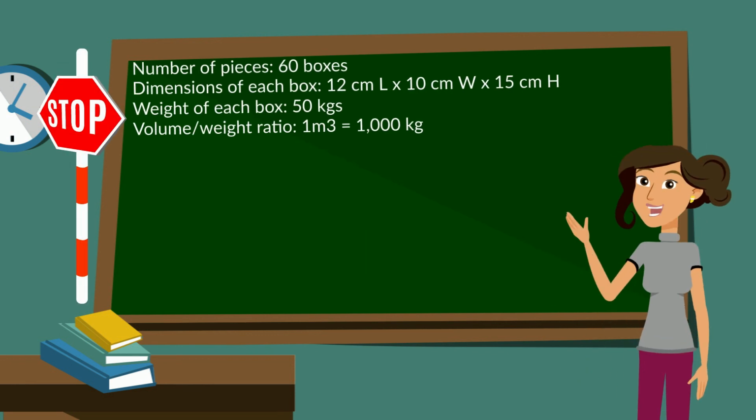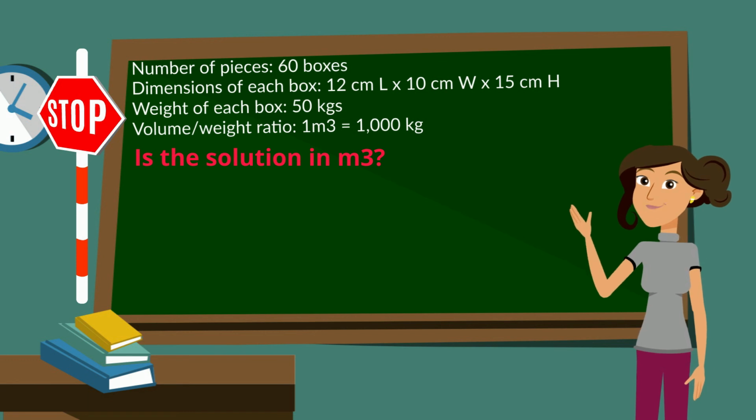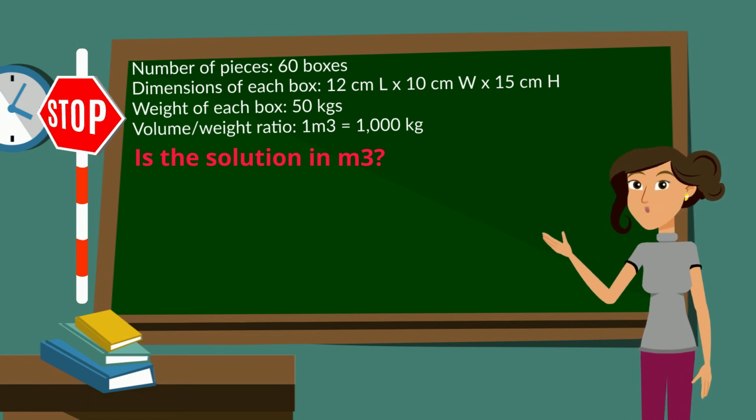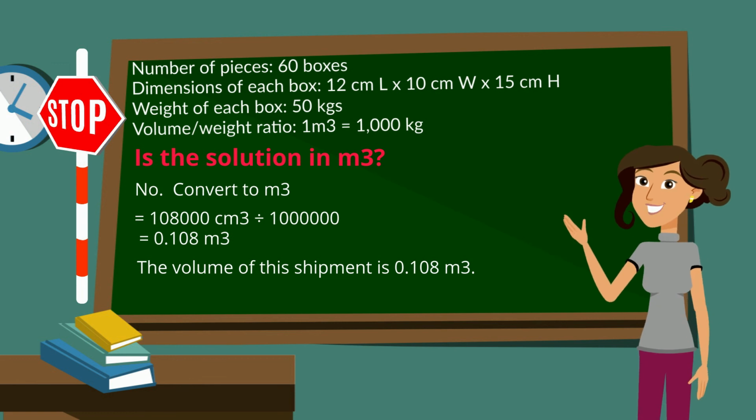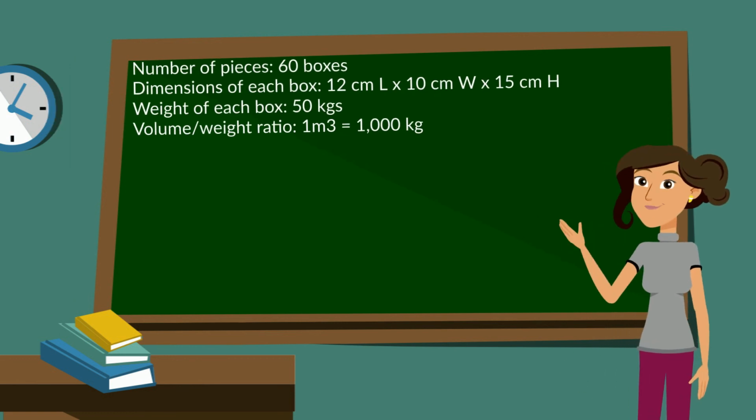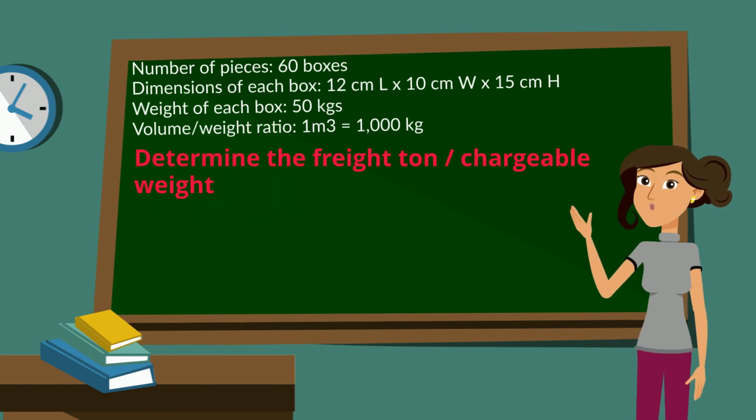Be sure that your volume is in cubic meter. Now that you have the actual weight and the volume weight, what is your freight ton? Remember, it's going to be the bigger of the two.